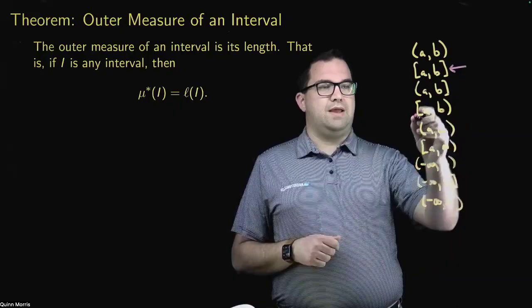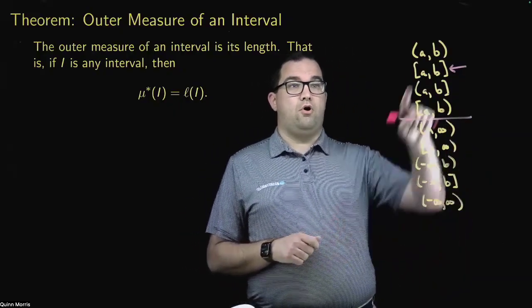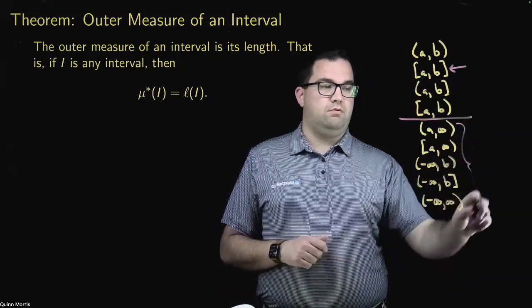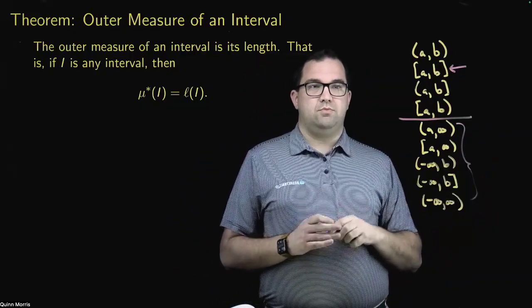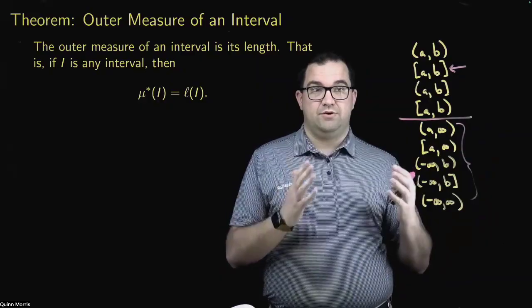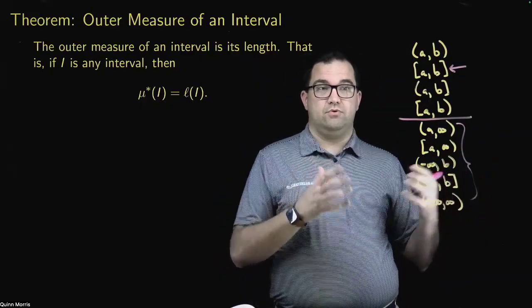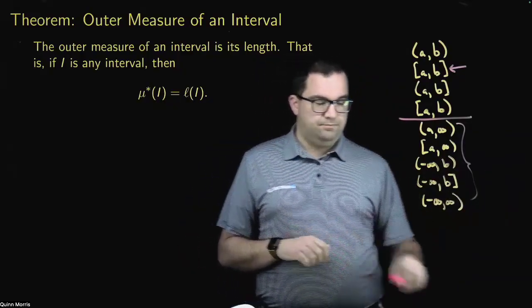We will then, once we have that, move to establishing that it works for all bounded intervals. And then we will also handle, as a separate case, all unbounded intervals. So essentially, we will prove this for closed and bounded intervals. We will then extend that to just bounded intervals, and then we'll extend further to all unbounded intervals as well.